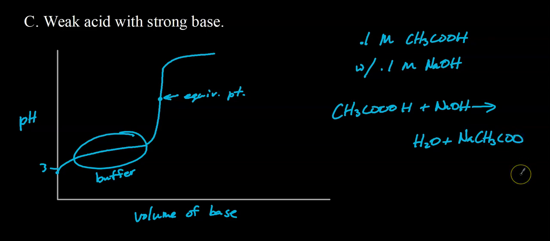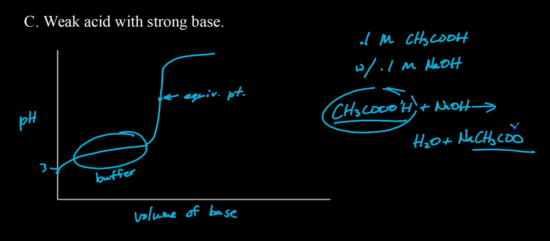Acetate, of course, being the conjugate base of acetic acid. So this reaction is going to be using up some of this. It's going to be producing some of this. We're still going to have acetic acid in solution. We're going to have acetate in solution. Therefore, this is a buffer. And notice as you add base, the pH goes up by just a little bit.